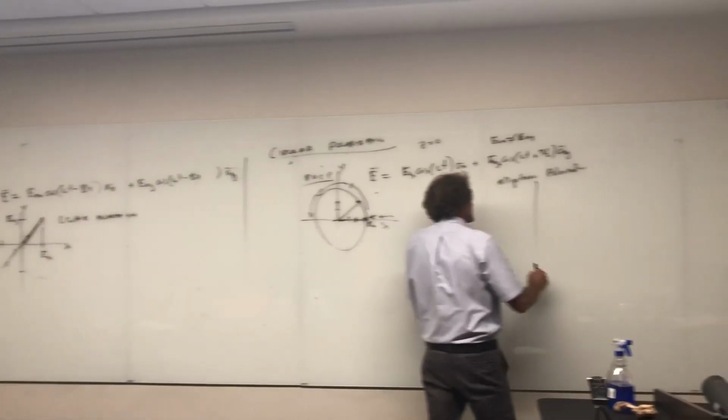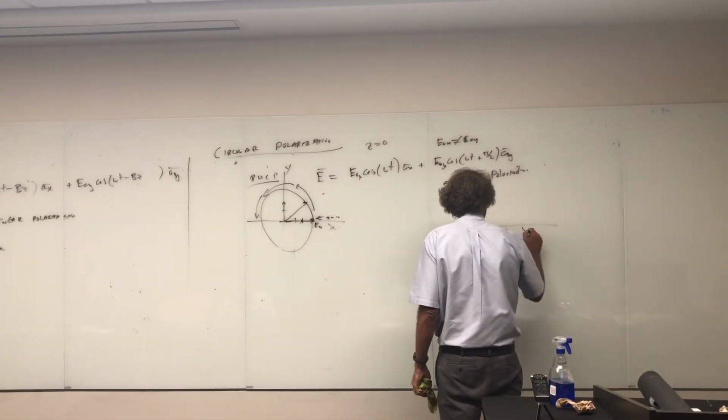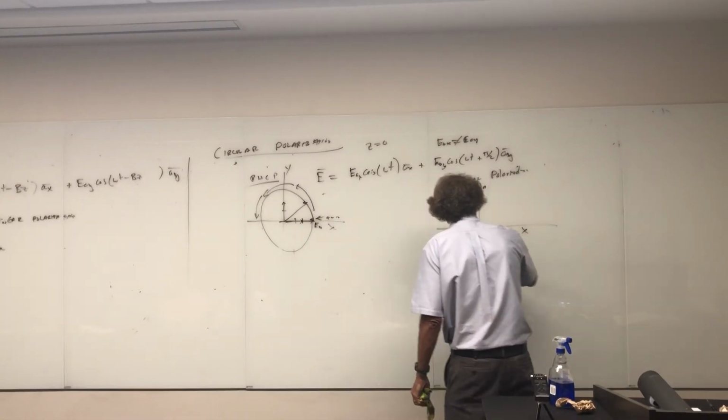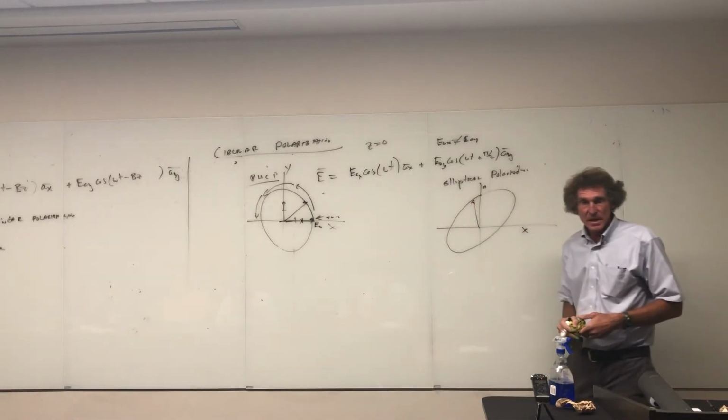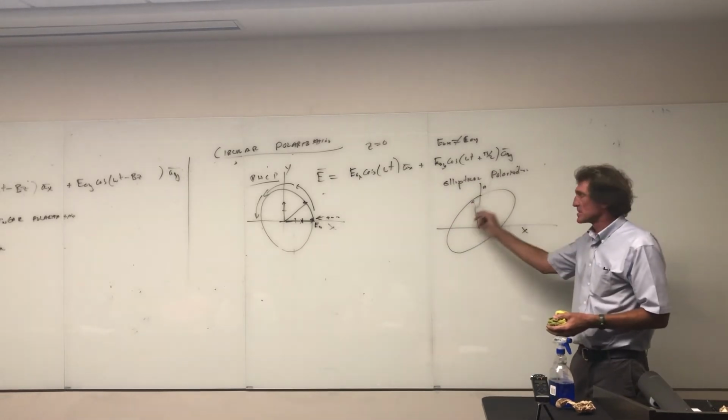The only thing with elliptical polarization is this: if this is X and this is Y, now the tip of your field is tracking an ellipse.